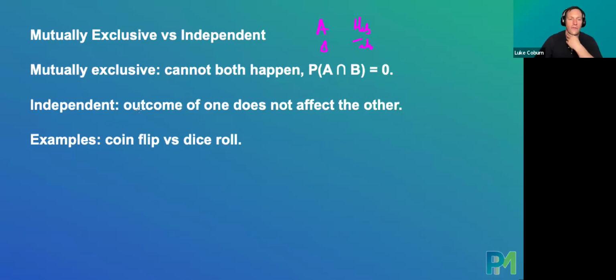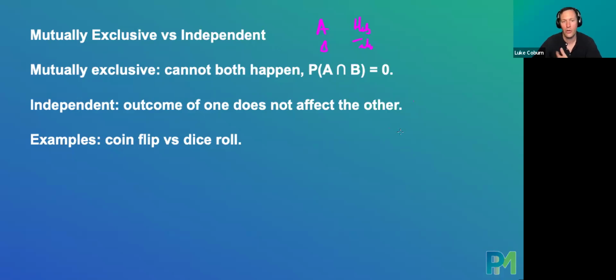Okay, and then with independent events, basically the outcome of one doesn't affect the other, like we were just talking about. So they're slightly different things. Mutually exclusive means one or the other, it can't be both happening. But independent means the effect of one doesn't change the other. An example is, if we toss a coin and we get heads on the first throw, the outcome of the second throw would be independent of the first.